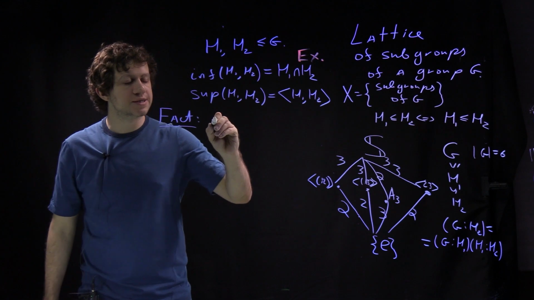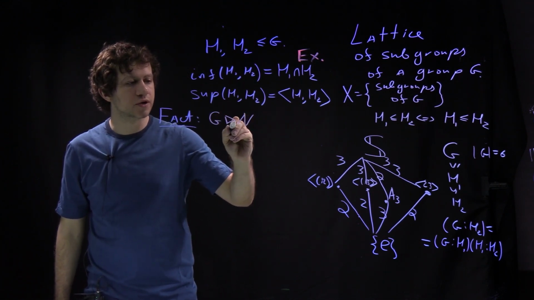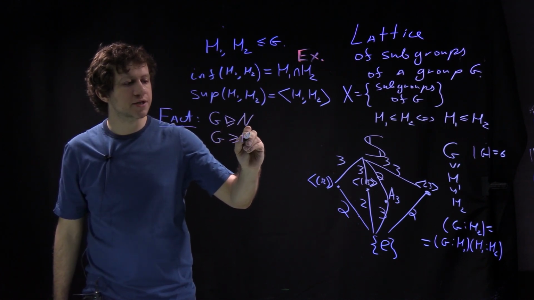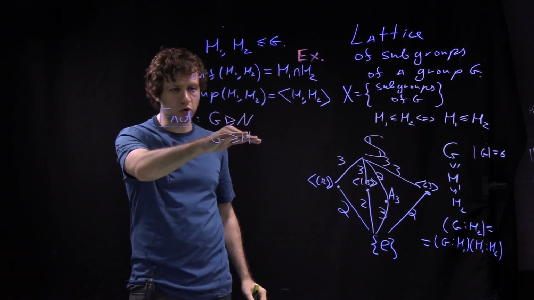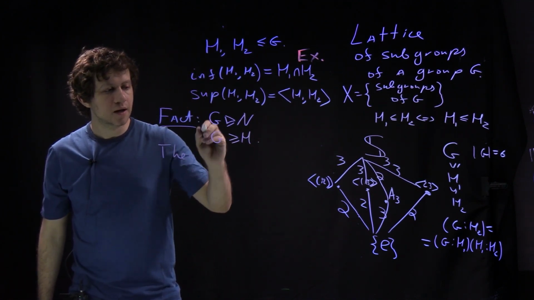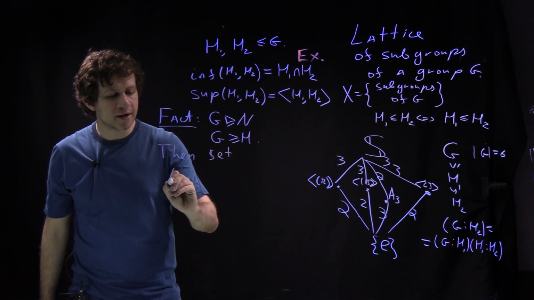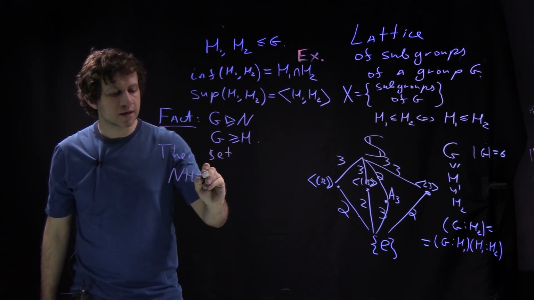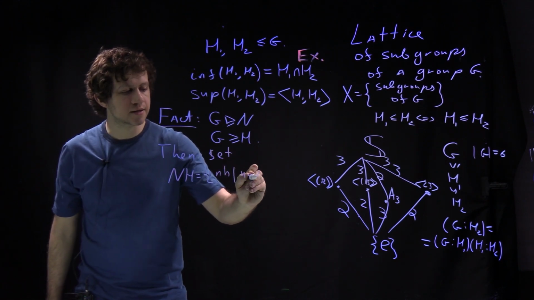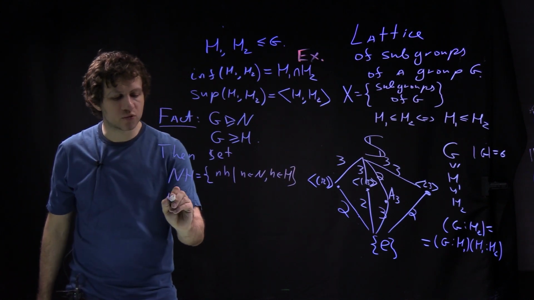Suppose that you have N, a normal subgroup inside G, and H is any subgroup inside G. Normal, and any subgroup. Then actually the set N times H, consisting of elements n times h, where n is in N and h is in H, is a subgroup of G.